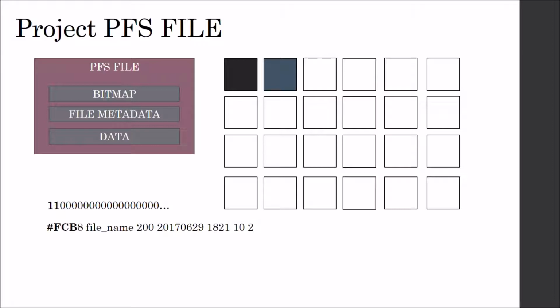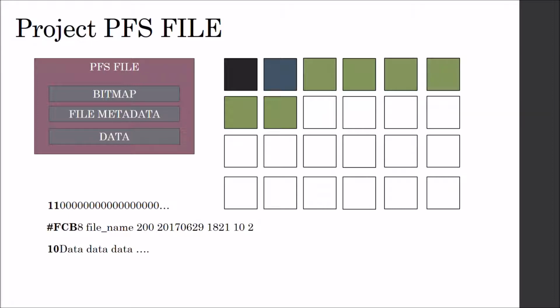Our file control block has formatted file metadata. We have the block that the FCB resides in, the file name, its size, date and time of creation, and then the start and end blocks for the data. When we insert the data, the blocks look contiguous for the point of this presentation, but they do not have to be. Each block contains 254 characters of the data and 2 characters dedicated to the pointer of the next block.